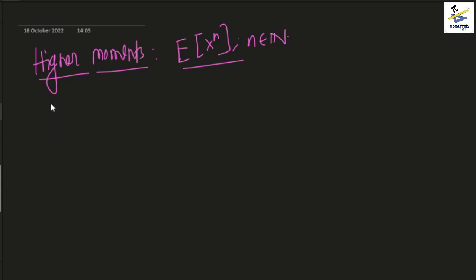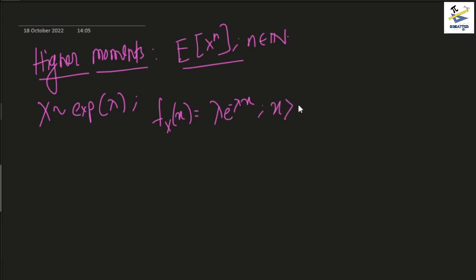So let me first quickly write down the PDF for the exponential distribution. So X is distributed as exponential of lambda, and f of x is lambda times e to the power minus lambda x, where x is greater than 0, and we want to find the following.